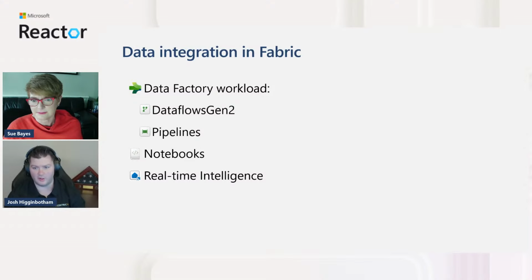I can go with a low code, no code way of integrating my data using Dataflows Gen2, data pipelines, event streams, or if I have more advanced engineers that know PySpark or Spark SQL, then they can leverage notebooks to do this integration.